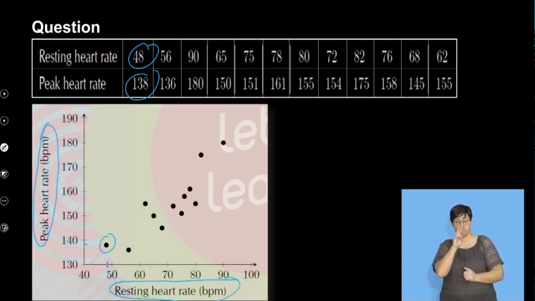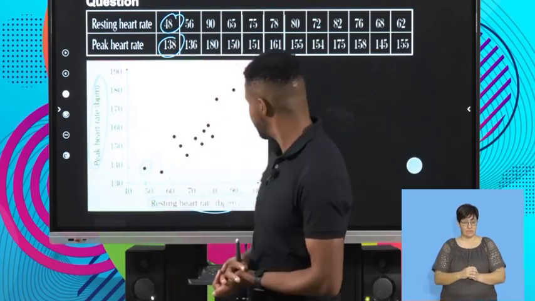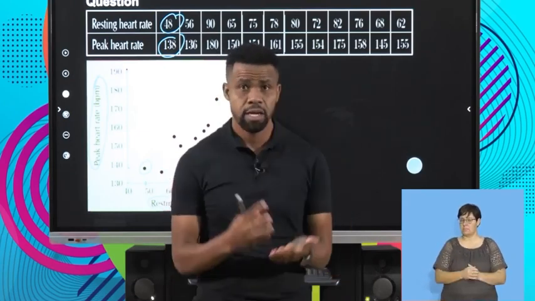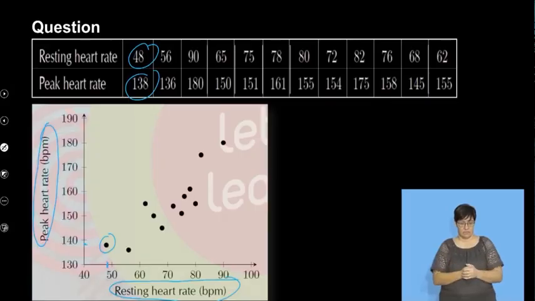By looking at this, does correlation exist? Yes, I think it exists. Is the correlation negative or positive? I think it is positive because you can draw a straight line with a positive gradient. And I think it's a strong positive correlation. That's the first question.